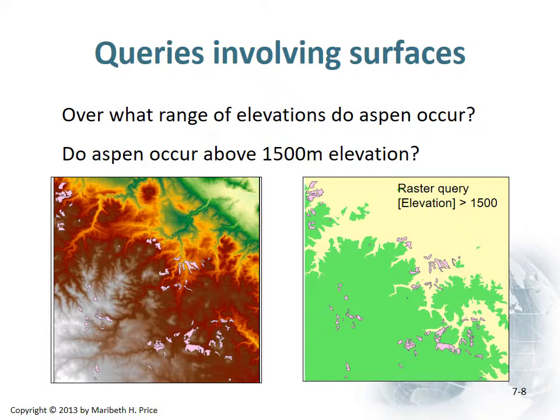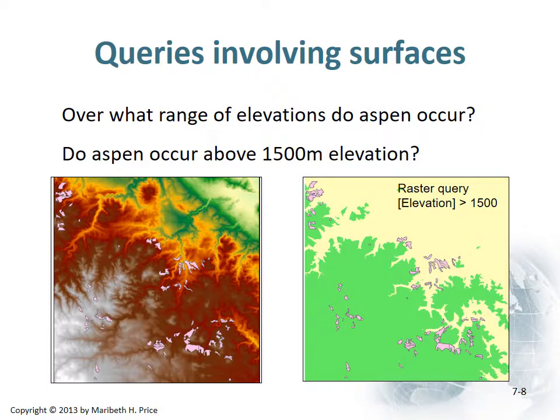So do aspen stands occur above 1,500 meters of elevation? So we query the raster and say, here's the one thing that's in it, elevation. So basically we're telling it to give us all of these cells where elevation has a value greater than 1,500 meters.